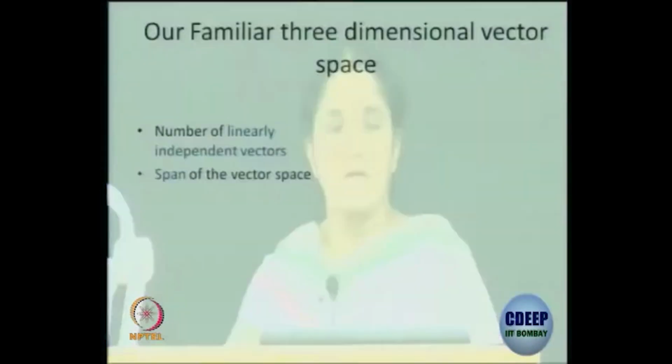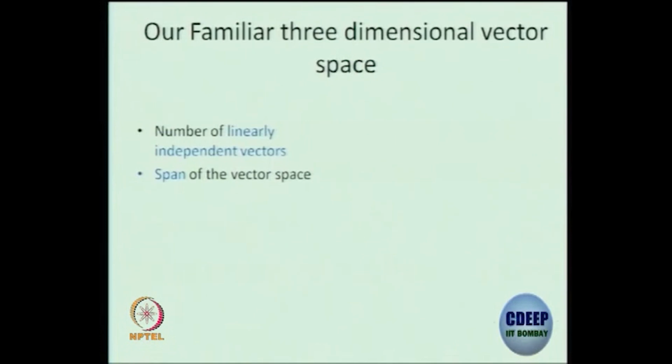Okay. So here linear independence is the definition I have said, and you also have to know, if you are given a space, how do you span the space? Span means you should be able to write any arbitrary vector using those spanning vectors.